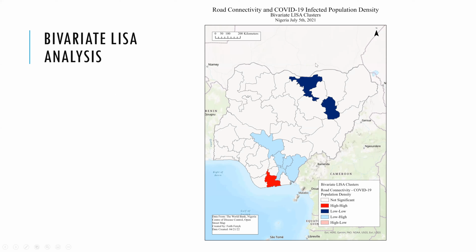And then up here, where there is low road connectivity along with low COVID-19 population density, these areas were rural and had less connected roads. They also had better water quality and more access to clean drinking water.